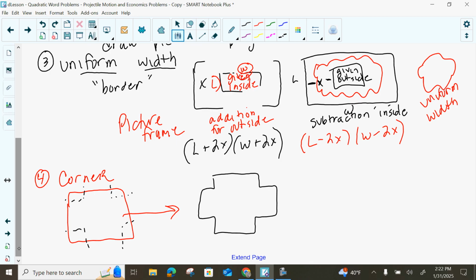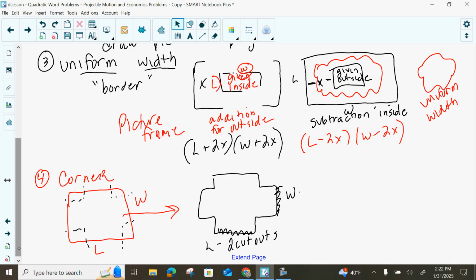So we usually start with L by W. Then my new dimensions are L minus 2 of the cutouts, and W minus 2 of the cutouts. And again, if I'm not using words that make sense to you, just let me know and we can try to change it.